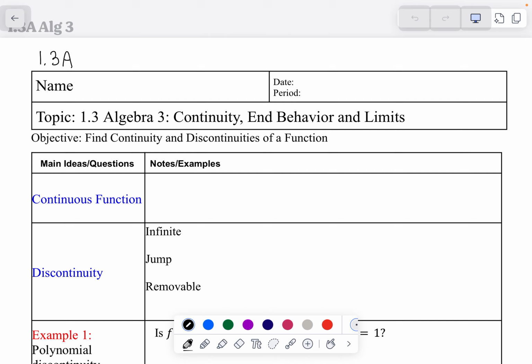So first let's talk about continuous function. A continuous function is a function with no gaps, holes, or jumps in it.